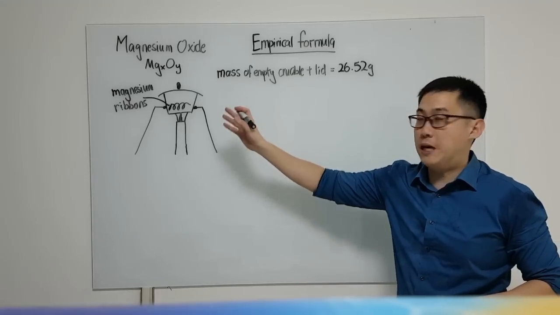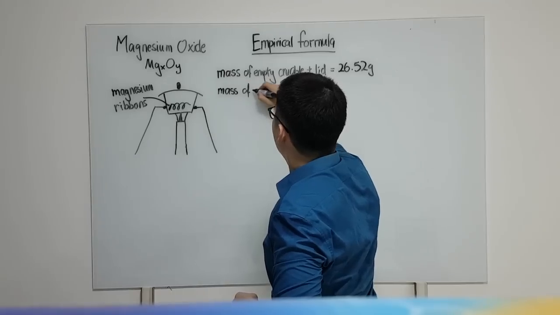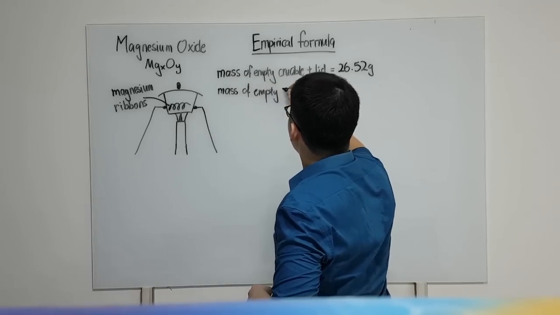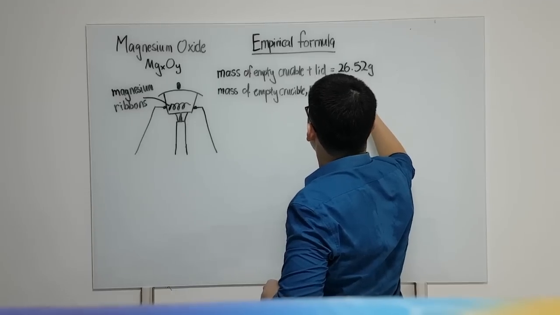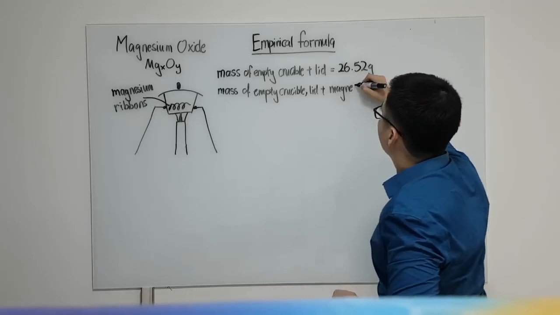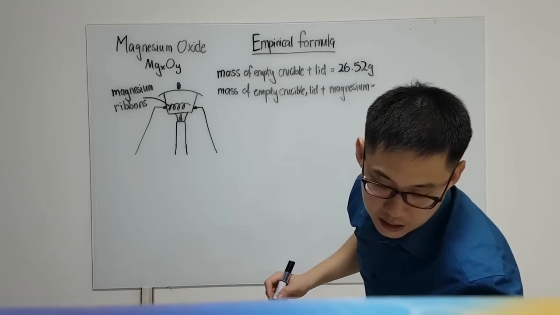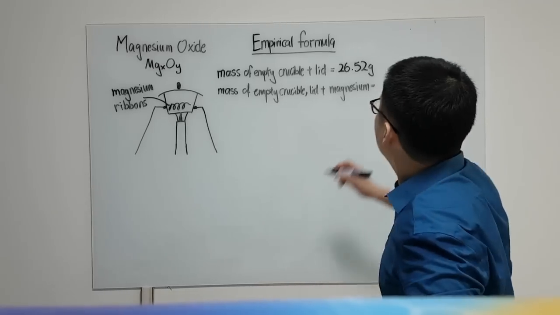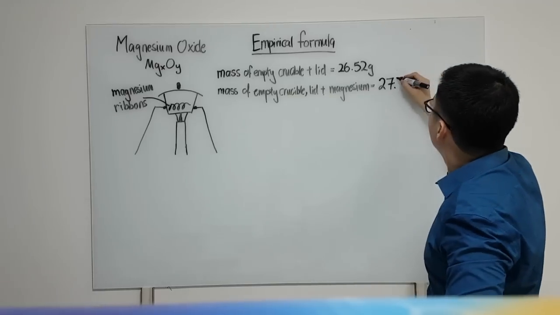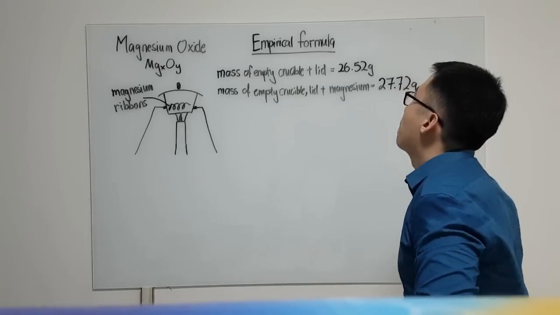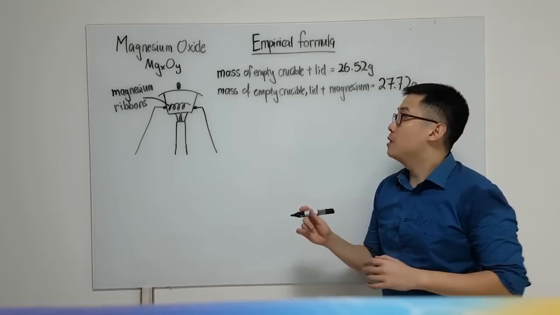We will weigh them together, and according to your data in your booklet, when the mass of my empty crucible and the lid plus magnesium, the weighing balance actually tells us that the reading is 27.72 grams.